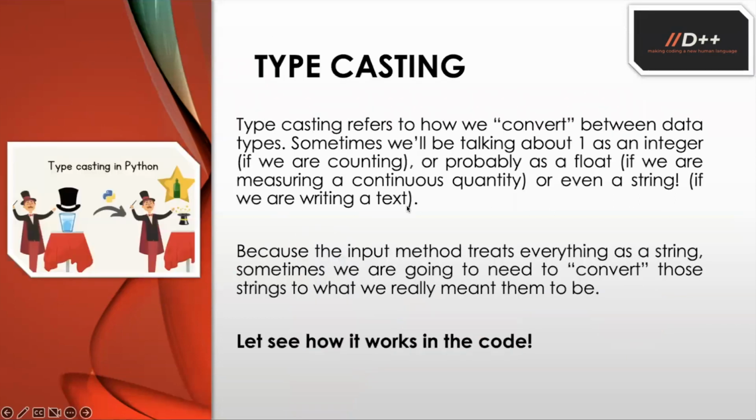About typecasting, it refers, like I said before, to data type conversion. So let's say you need to calculate, I don't know, a ratio, and you know that that ratio is going to be an integer. But when you do a division in Python, you always get a floating point number.